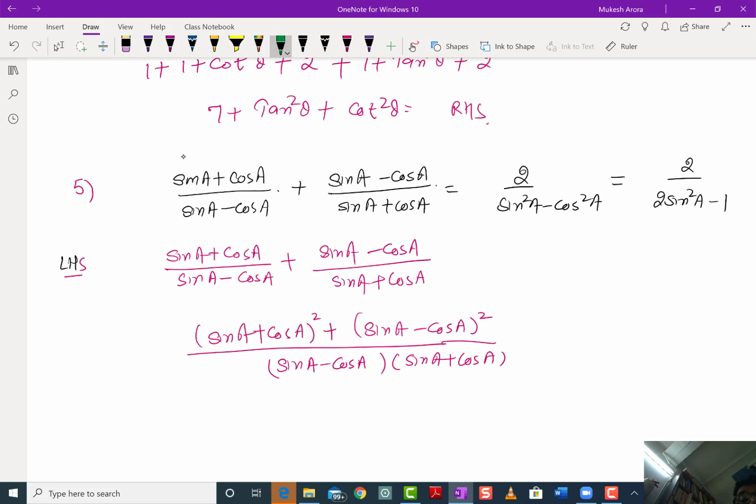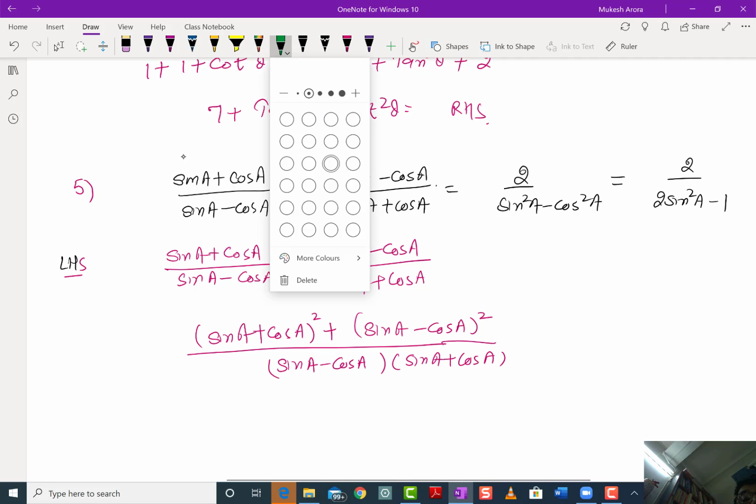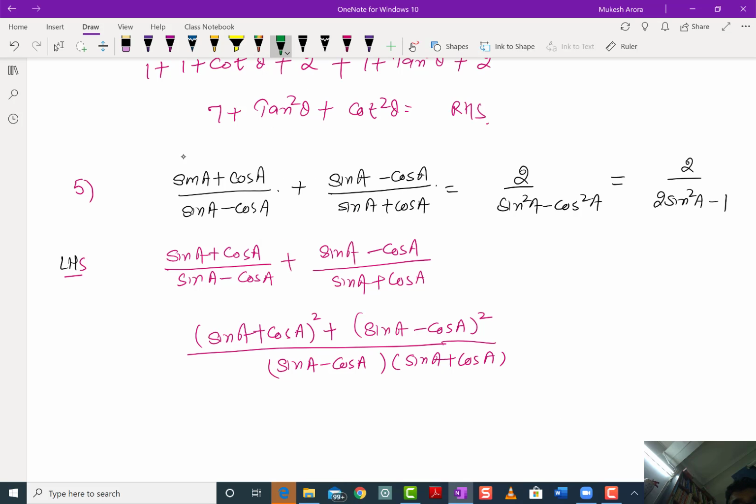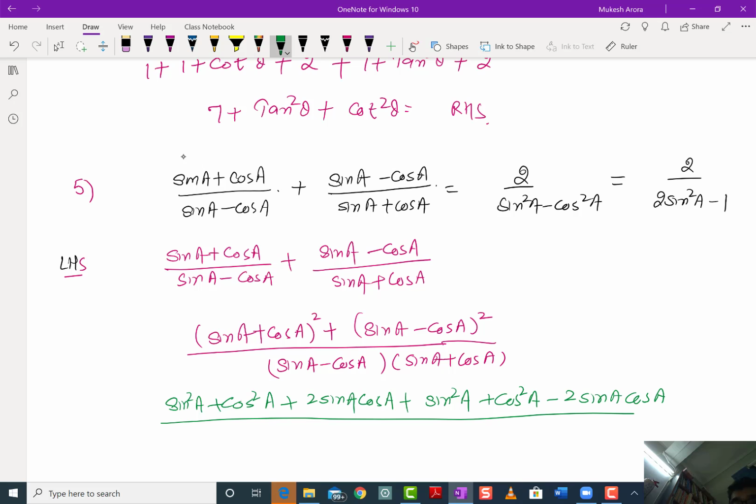When we open this, we will get sin square A plus cos square A plus 2 sin A cos A plus sin square A plus cos square A minus 2 sin A cos A upon sin square A minus cos square A. This is cancelled.